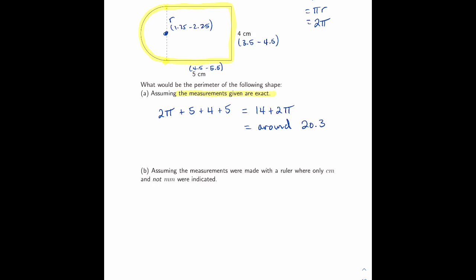So what would the perimeter be, or what would be a reasonable answer for the perimeter in this case?